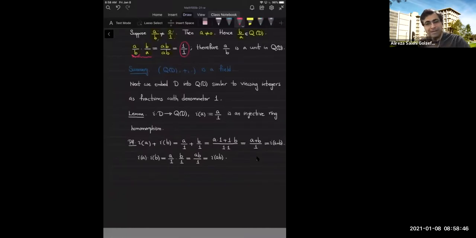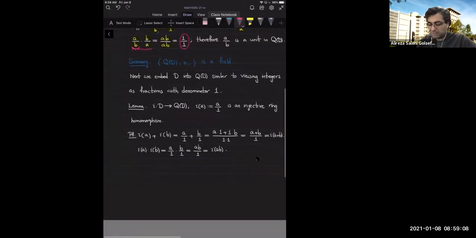We borrow again our intuition from integers and rational numbers. How do we view an integer as a fraction? We pick this integer 5, and then we think about it as 5 over 1, and that way we can view it as a fraction. We do the same for an arbitrary integral domain.